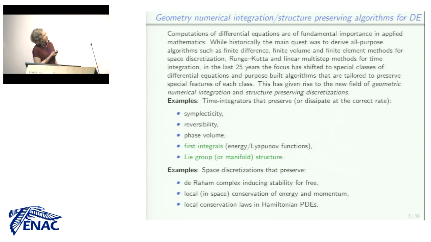So for example, for time integrators, symplecticity is one of the main things that you would like to preserve if you're solving Hamiltonian systems. Then you have reversibility, phase volume, preservation of first integrals, Lie group, and manifold structure. So I will focus on these two in my talk, but the others are definitely also very important.